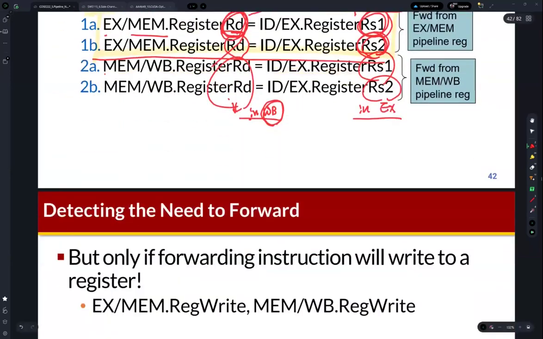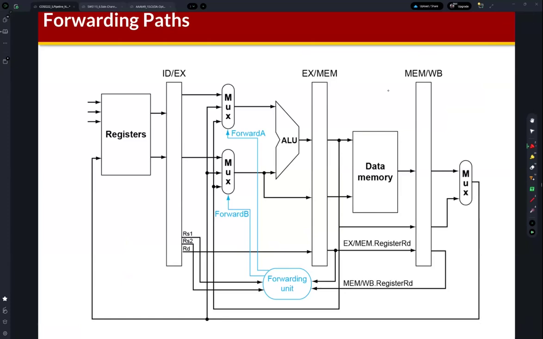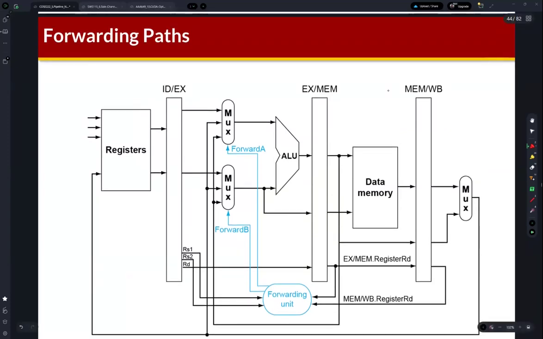Okay, so let's see this one. You can find the multiplexer here. This multiplexer is a 3-to-1 multiplexer, which means it has 3 inputs and 1 output.